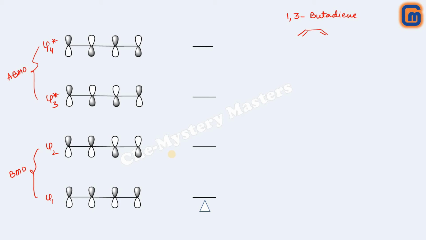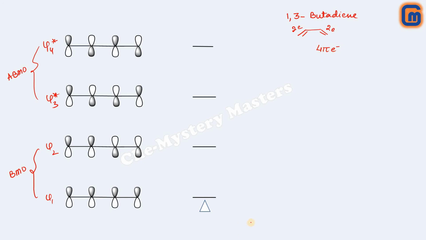Now before that, we should know how many electrons are present in the case of 1,3 butadiene. In 1,3 butadiene, there are 2 pi bonds which correspond to overall 4 pi electrons.